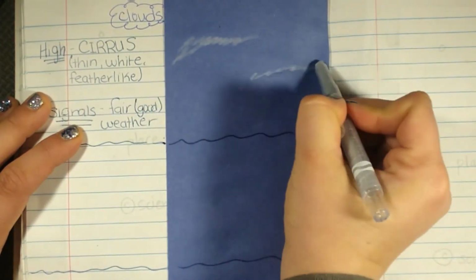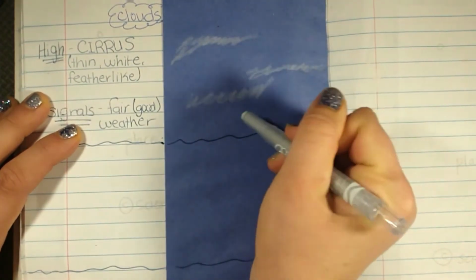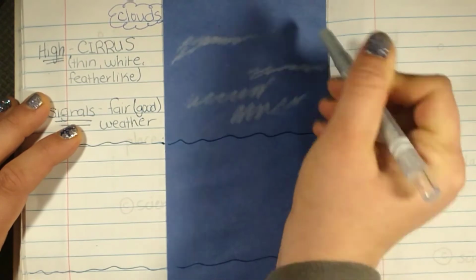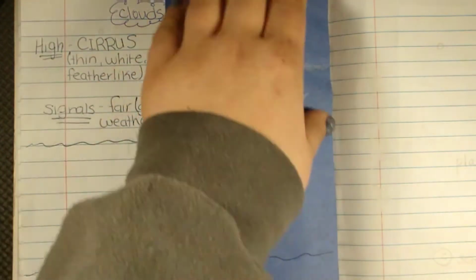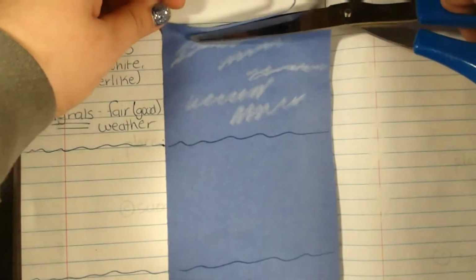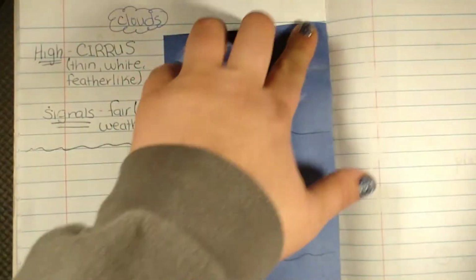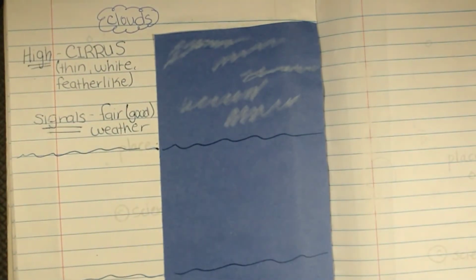And these are high in the sky, like you can tell that they're far away. Those are cirrus clouds. Actually, I'm going to cut this part off because I don't need it. It's just kind of getting in the way. There we go. Once it dries, I'll add some more glue to make sure it doesn't fall off.